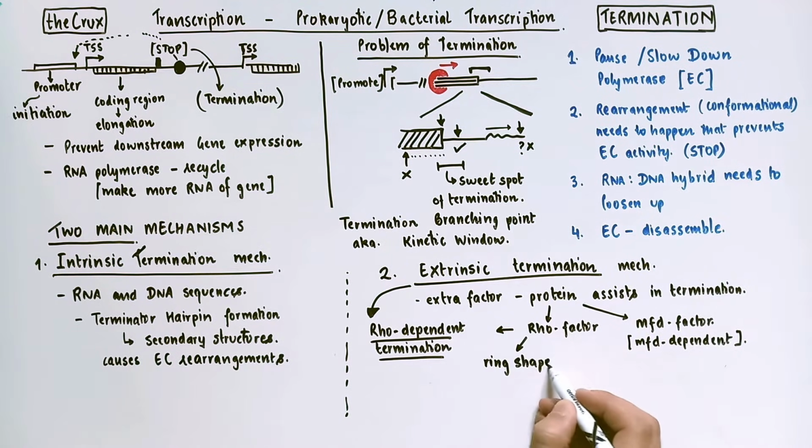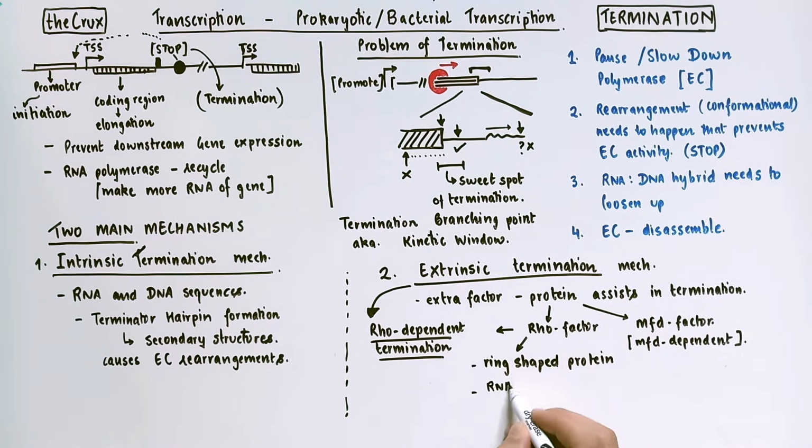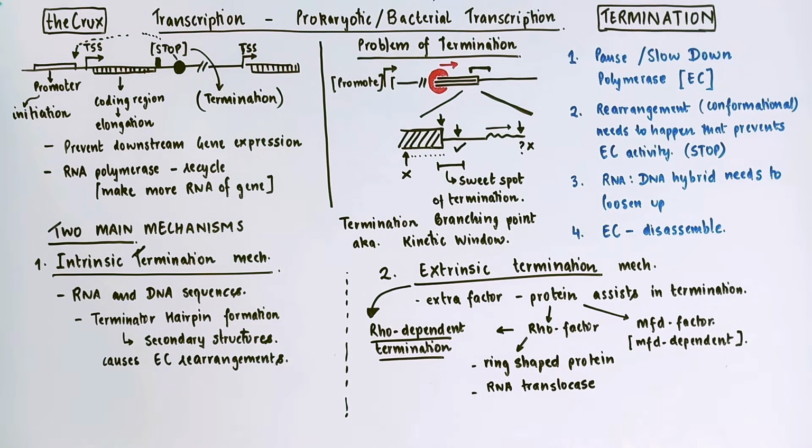So Rho is a ring-shaped protein, which is an RNA translocase that binds the RNA. In simple form, we can imagine how this would look by looking at this cartoon. The Rho protein binds the transcribing RNA at specific locations, and it would translocate until it hits the elongation complex. The movement of Rho is of course from 5' to 3' of the RNA.